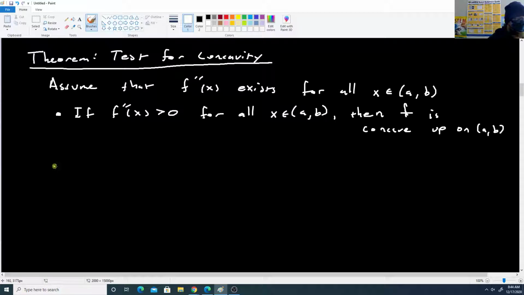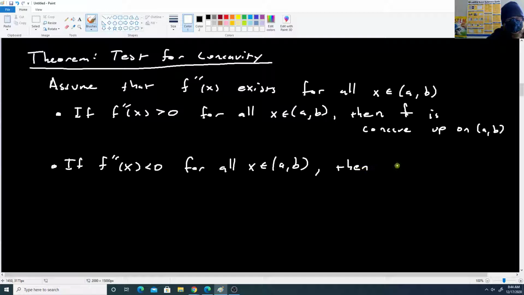And you probably can guess, if the second derivative is less than 0 for all x in the interval, x elements of A to B, then f is concave down on that interval.